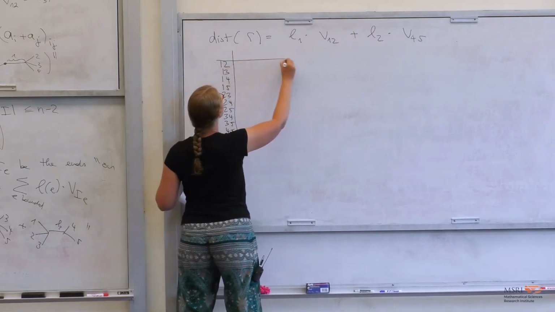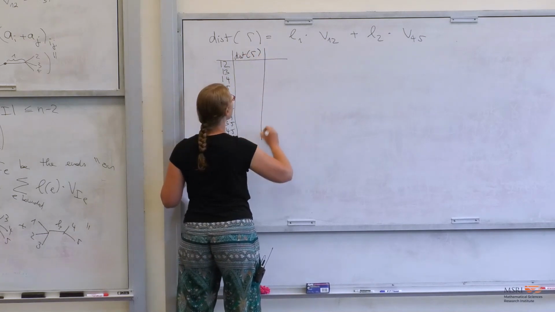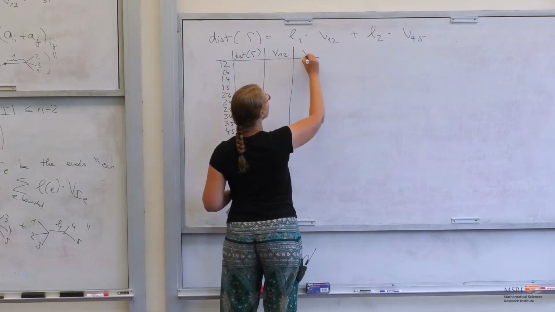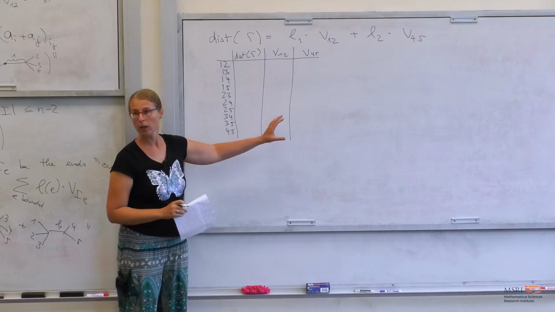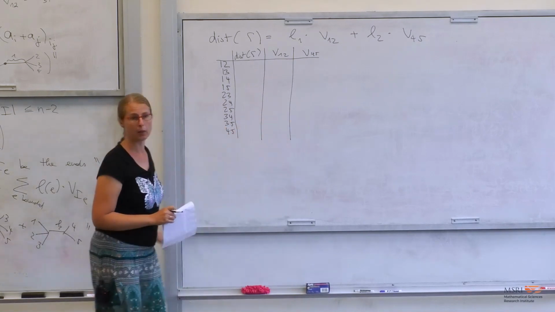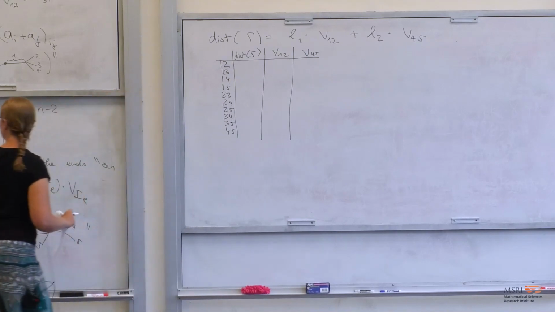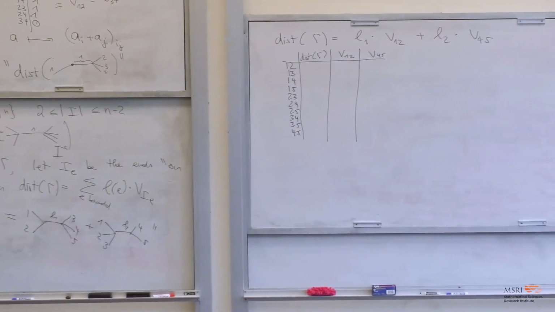Okay. And now what about the distance of gamma? And then next, what is V12 and what is V45? And we'll fill out this table, and I claim that filling out this table, you already observe what is going on, and you see that this statement is actually true. Okay. So let's try to do this.